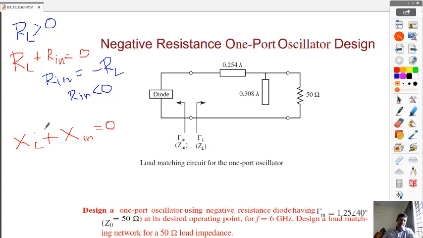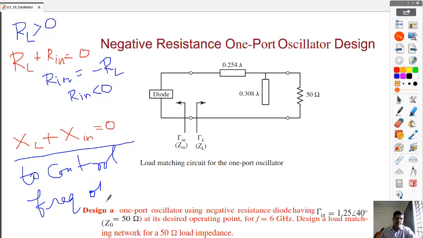Similarly, this other condition should be satisfied to control the frequency of oscillation.